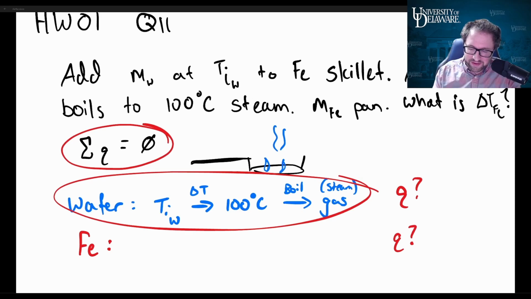But the pan starts at some initial temperature and it's going to transfer all of this energy required to boil the water. So all of the energy going into boiling the water comes from the pan. So this pan is going to give that some kind of temperature change. We don't know what that is, but we're going to find it.